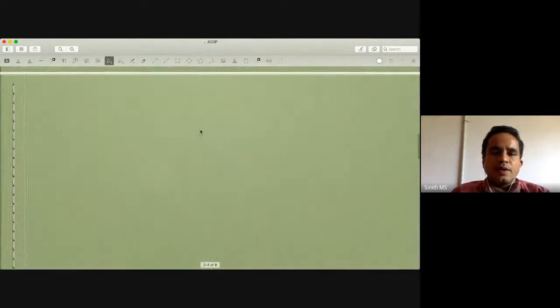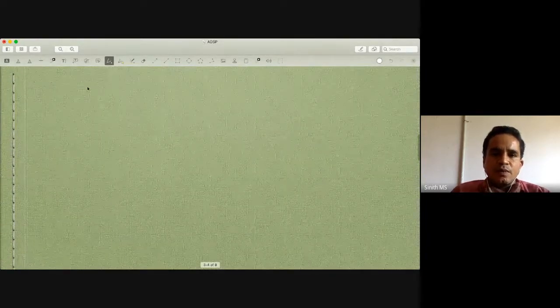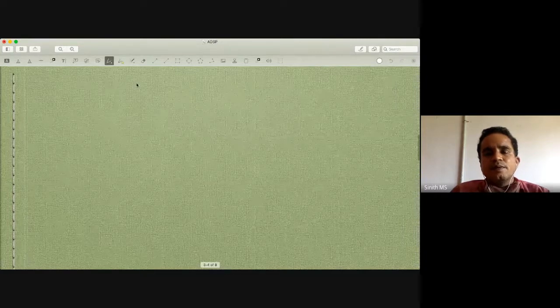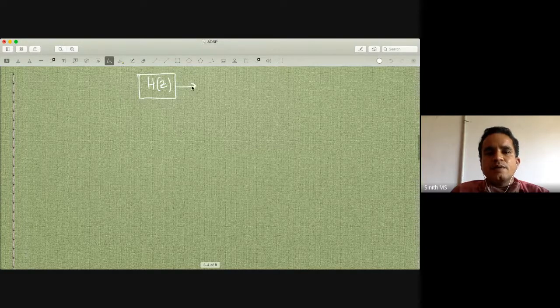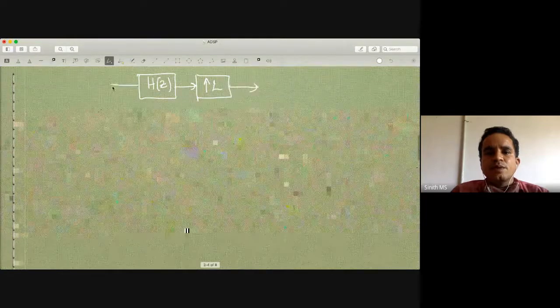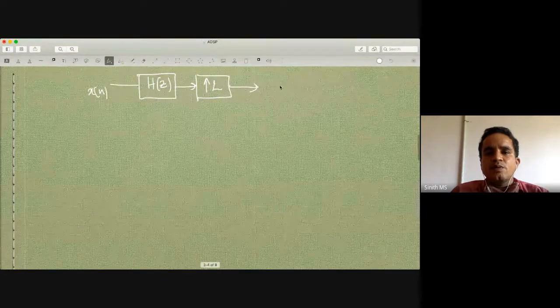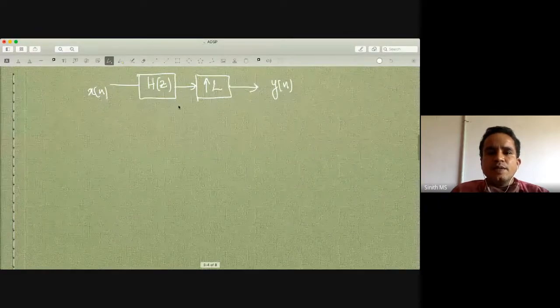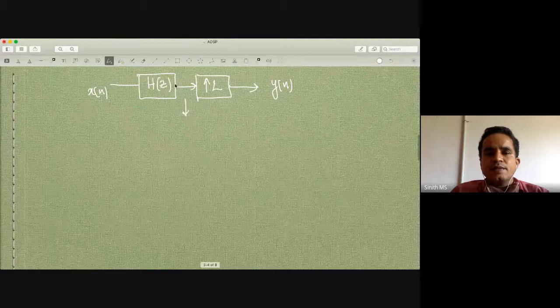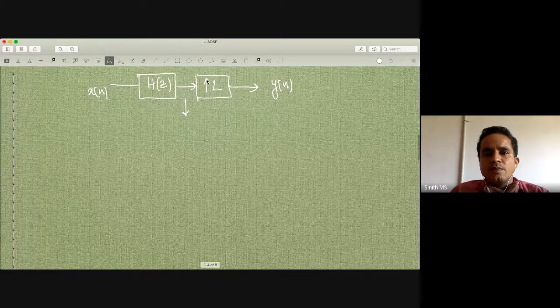And now let us see what is basically happening for upsampler. Similar thing happens for upsampler when you have some H(z) here, and after this filter H(z), you have an upsampler of factor, say L, and you have an input x(n) and output y(n). Basically, you can change this H(z), if it passes through this upsampler, it will become H(z^L).